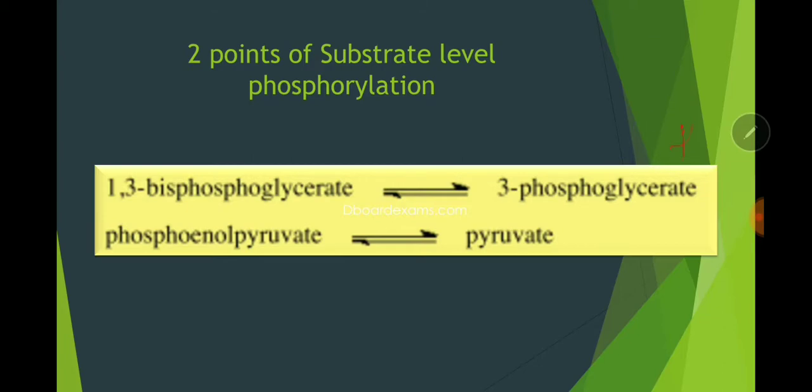This produces ATP. The other one is phosphoenolpyruvate to pyruvate. That also produces ATP. So this is a quick review of key important points that you have to remember if you're studying biochemistry or the glycolytic pathways.